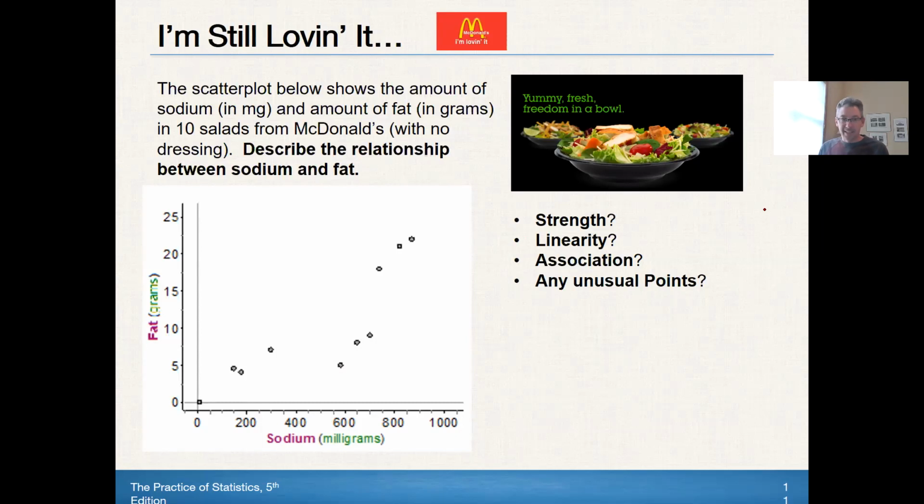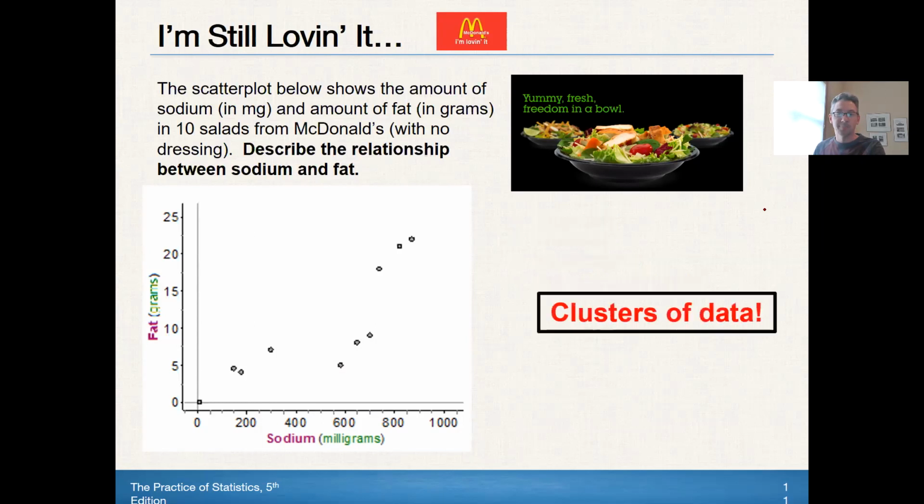Well, if you look at this, I think you might see something that kind of stands out here initially. There's something that looks just a little different about this scatter plot. And yes, we're going to talk about the strength, the linearity, the association, and any unusual points. But I want you to see that there are actually clusters of data. So when you look at this, I hope you see there's 3 kind of groups.